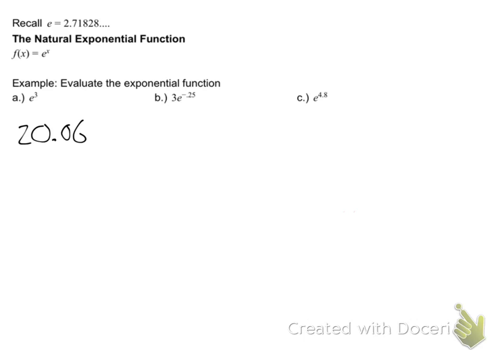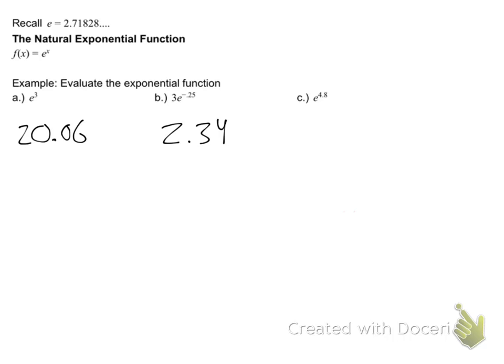What about 3e to the negative 0.25? 2.34? That just got smaller. Now, this is where I wanted to put this on here, because it matters what calculator you have, how you have to put it on your calculator.